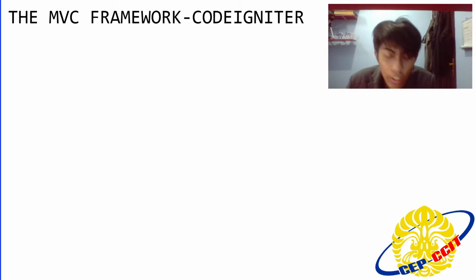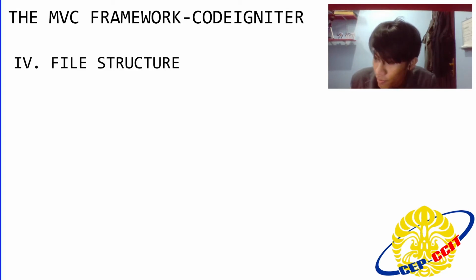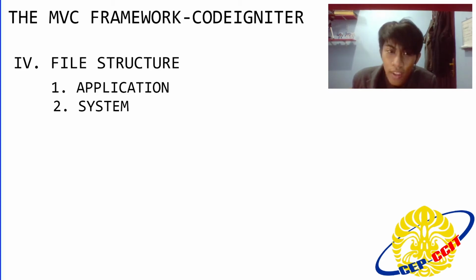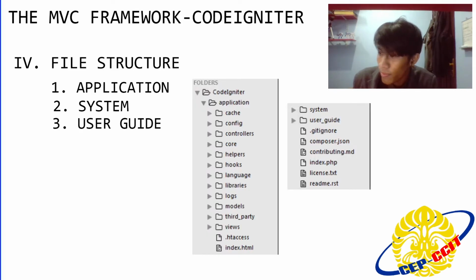I'm going to explain about the file structure of CodeIgniter and the MVC itself. The file structure of CodeIgniter is mainly divided into three parts: application, system, and user guide. First, the application. The application folder is the main folder where we develop our project.